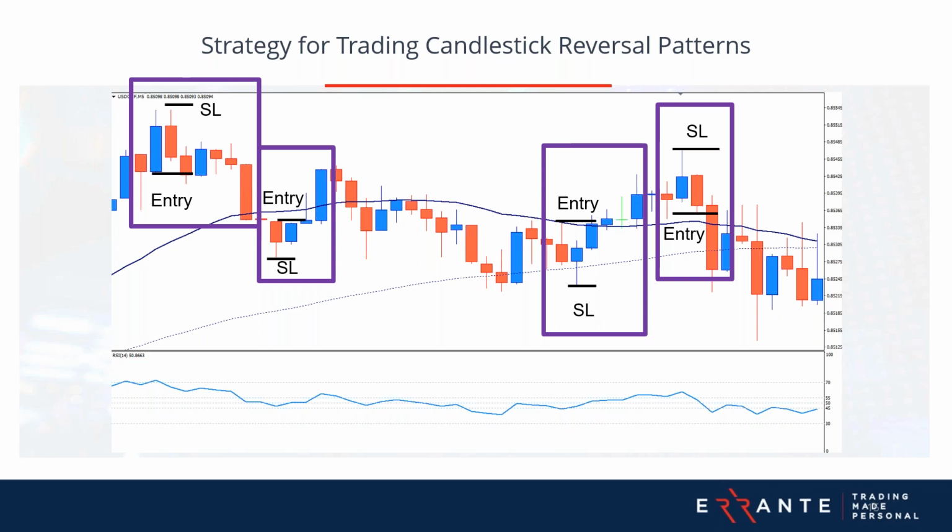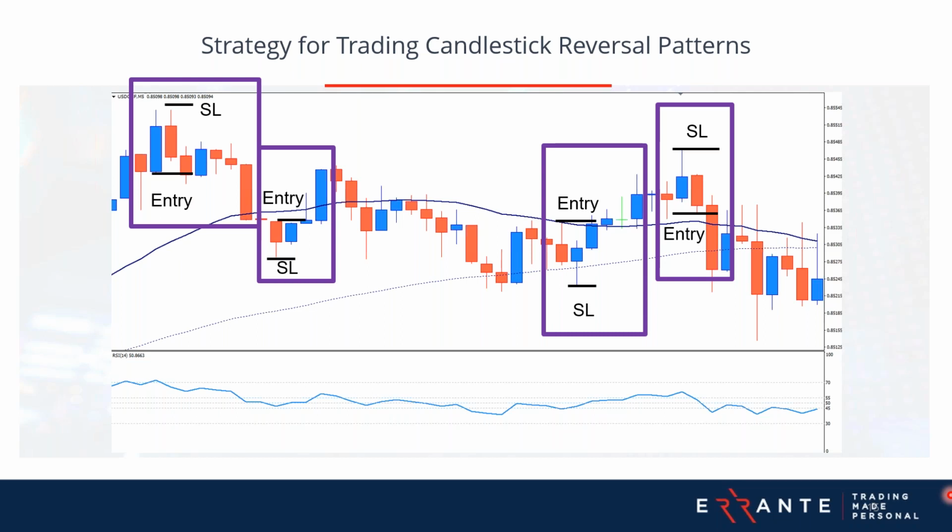We need to wait until we see a completion of the pattern. For example, after a bearish engulfing pattern or this dark cloud here, you could enter just below the low of the first candlestick. But some traders might wait for a pullback to the pattern resistance area, and in longer time frames you can find it a lot.